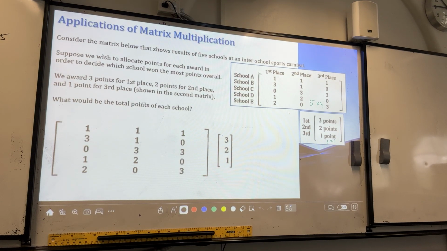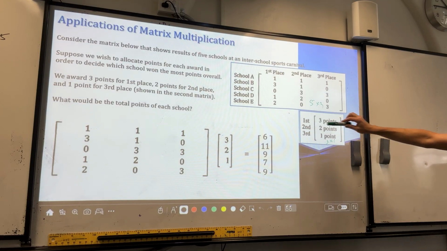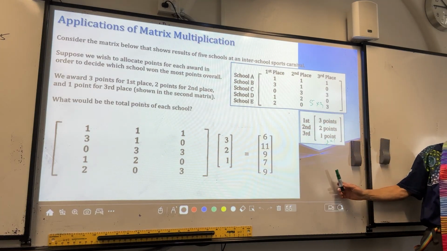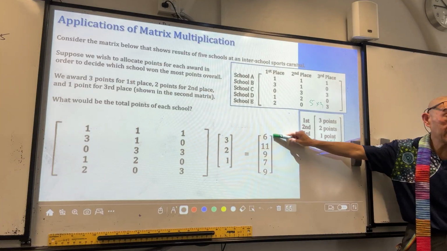Writing this out in matrix format, you can input it in your ClassPad or you can do it manually. What happens is we will come up with a 5 by 1 matrix. What is this telling me?